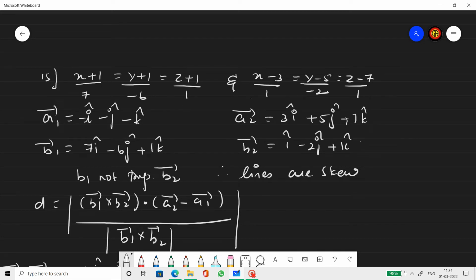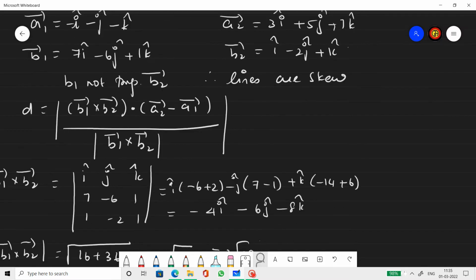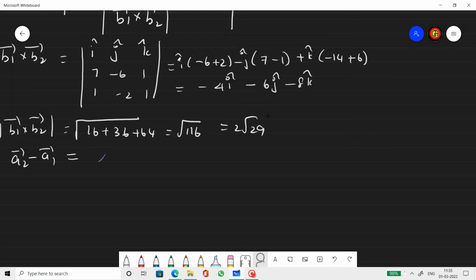So A2 minus A1 is 3 plus 1, because 3 minus of minus 1, 5 plus 1, 7 minus of minus 1. So 4, 6 and 8 is what we get. This is A2 minus A1.